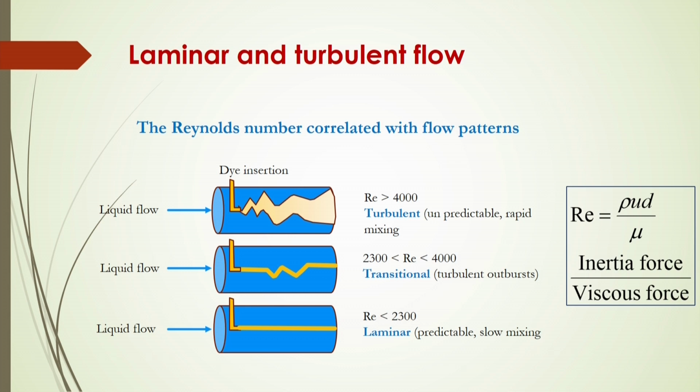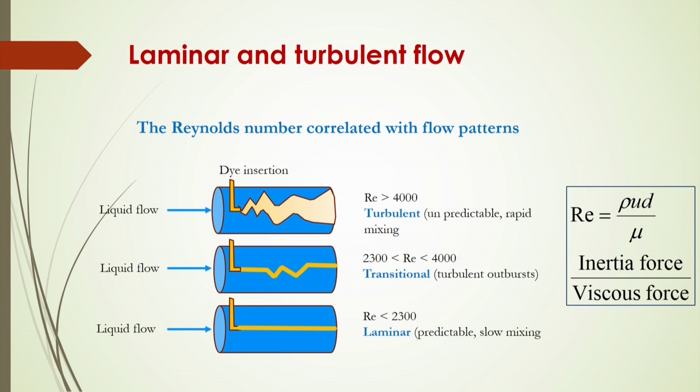If the fluid particles move in a certain fashion, following a straight line path, then it is a laminar flow. Whereas, if the fluid particles do not follow a straight line path and change position, then it is called turbulent flow.